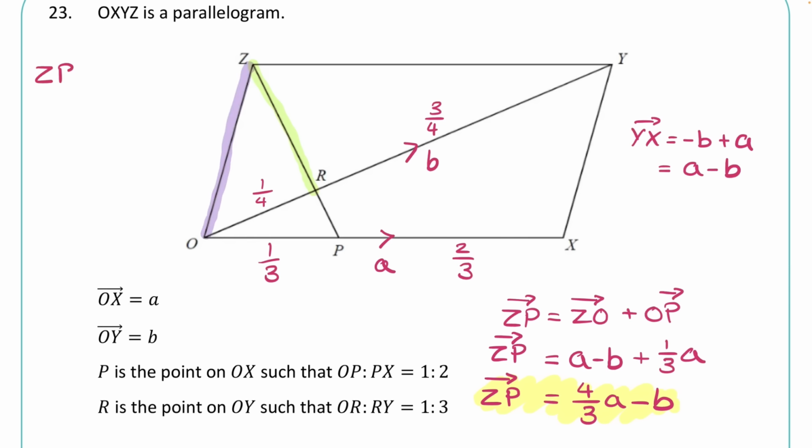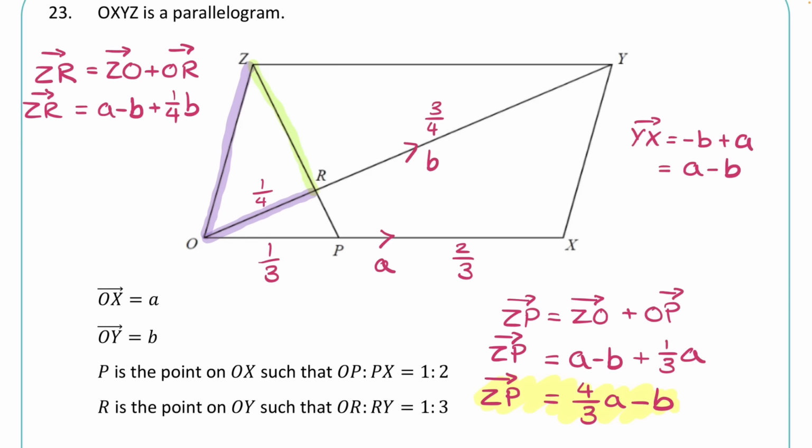So Z to R, that's equal to Z to O. And then we can go up this line to R. So from O to R, so plus O to R. And again, I just want to find these two vectors. So Z to O we already have, that's A minus B. And then O to R is 1/4 of B, so plus 1/4 of B. And again, this is Z to R.